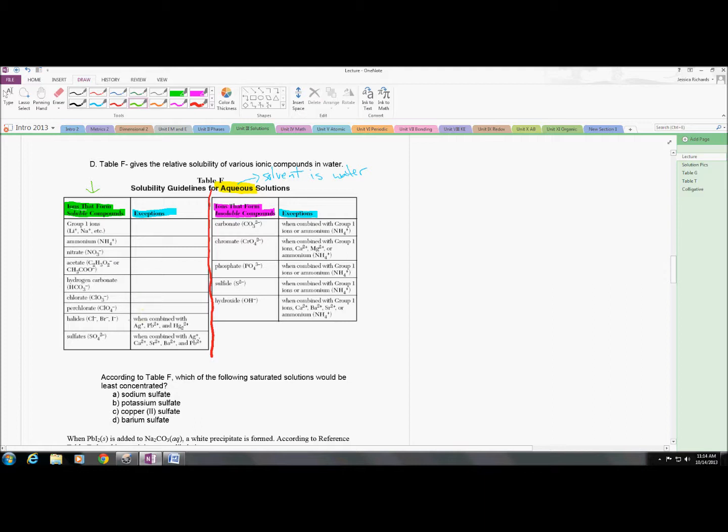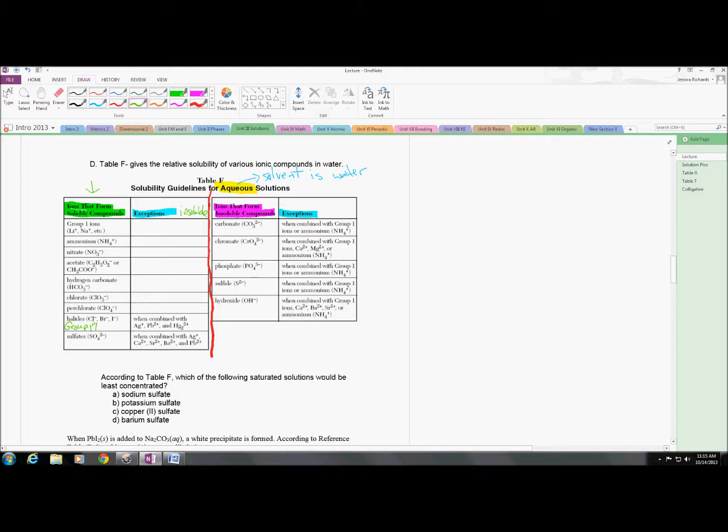Then, of course, we have this exception side. What exception means is, on this side of the table, things that are insoluble. So halides are going to be things in group 17. We call group 17 on the periodic table the halogens. So the compounds that they make when they're negative ions, halogens, become halides. Remember IDE for negative ions.